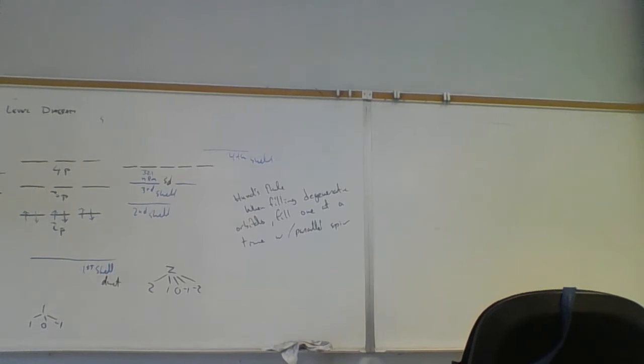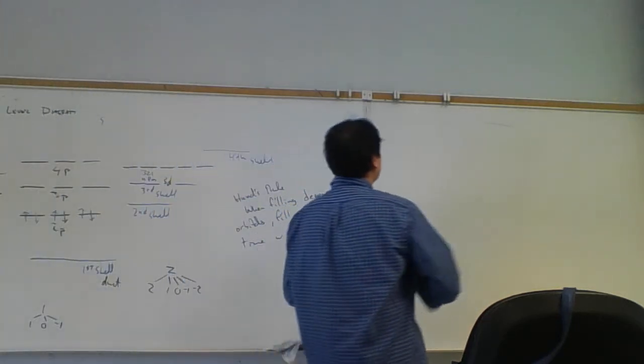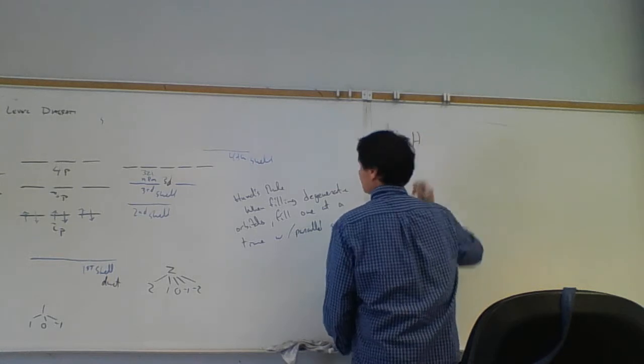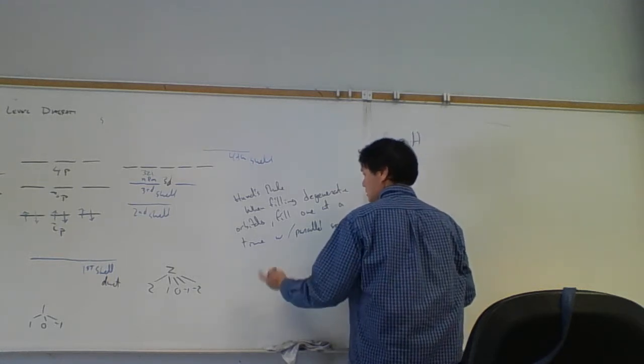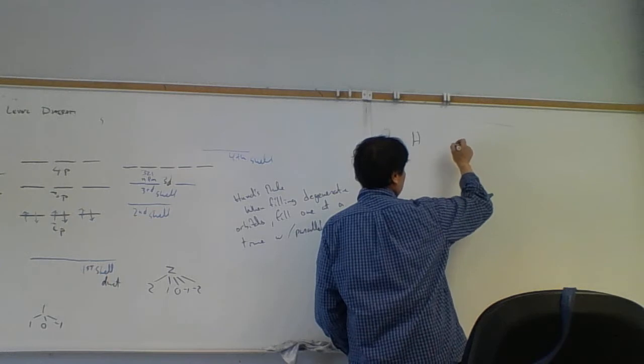In the more compact way, this is called electron configurations. The advantage is it takes up a lot less room. The disadvantage is it doesn't show as much information, so we lose some information.